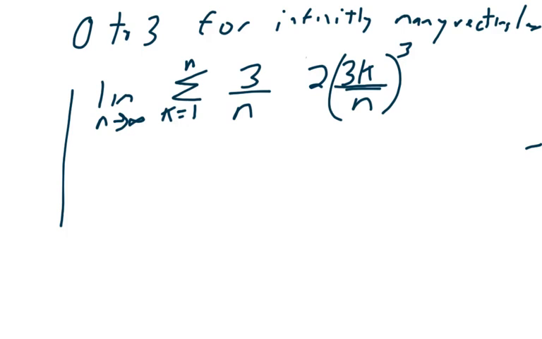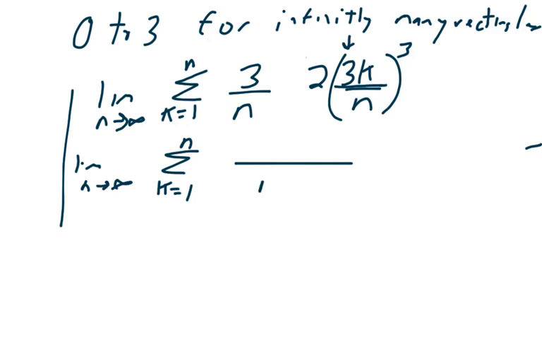So we have 3k over n to the third, where 3 is the length of the interval. Now I'm going to try and simplify this. On the bottom I have n to the 4th. On the top I have this 3, this 2, and 3 cubed becomes 27.